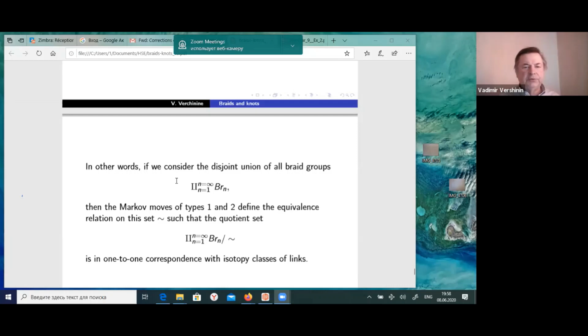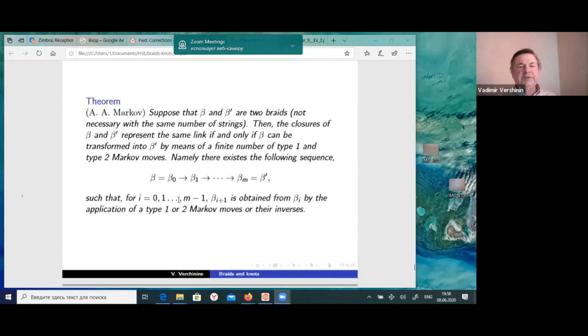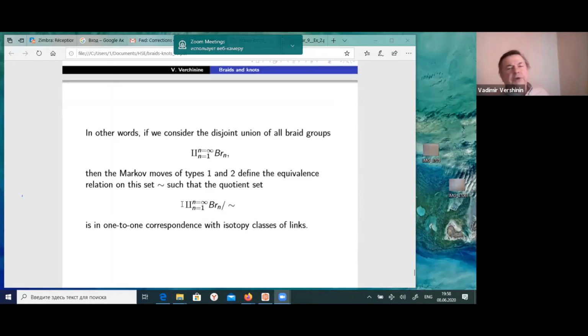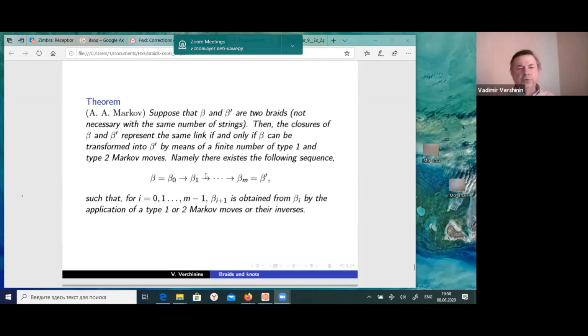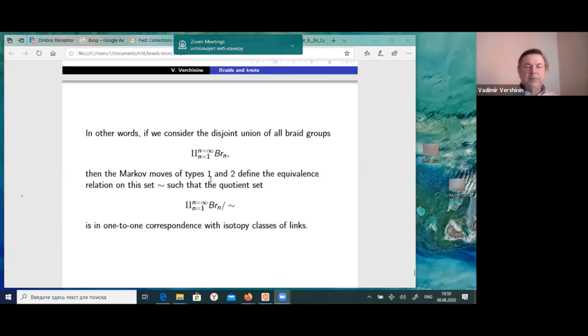I denoted this this way. And then by these chains you introduce the equivalence relation. By the chains, as usual in the general nonsense of equivalence relations, it means that the equivalence relation generated by moves 1 and 2 and their inverses is given by the classes. This is given by the chain, right?